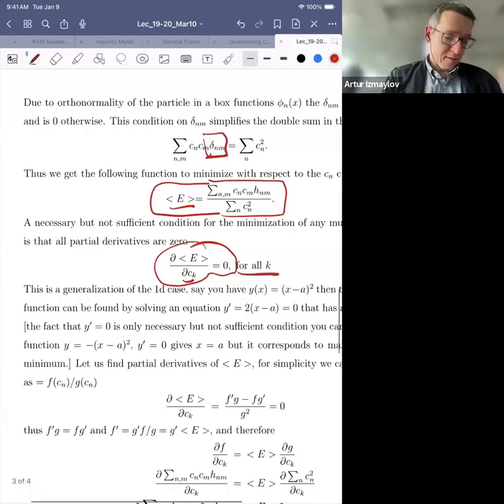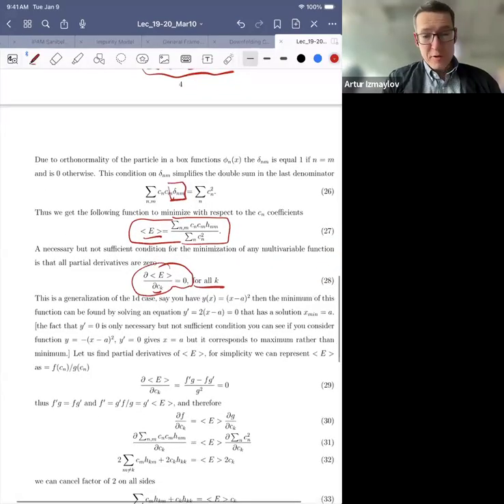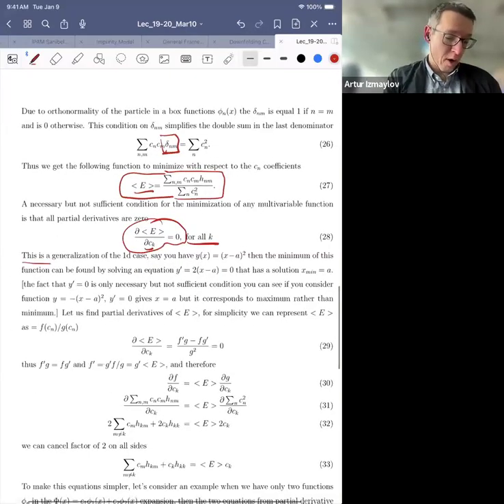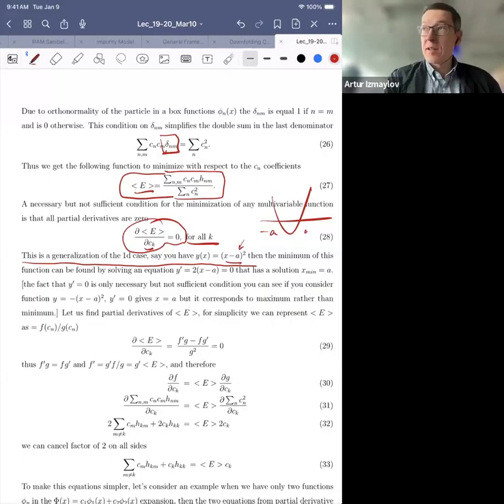I don't know the level of your mathematical preparation, but the simplest I could go is the 1D case: if you have y as a function of x and some parameter a, you could find the minimum of this parabola, right? Where does it cross? It crosses at 0, at a.